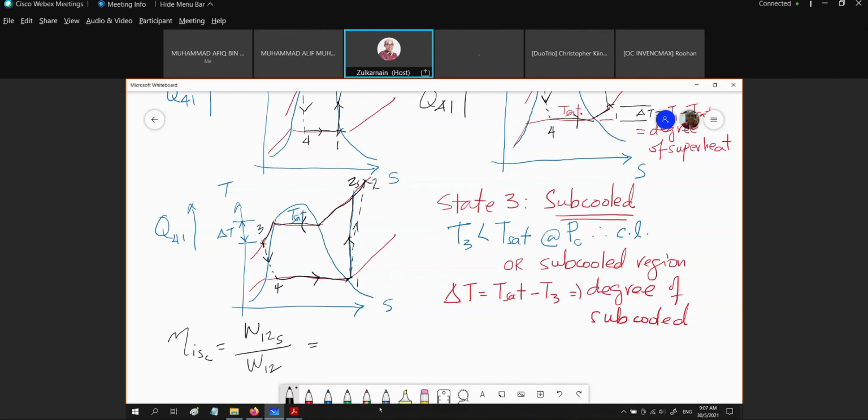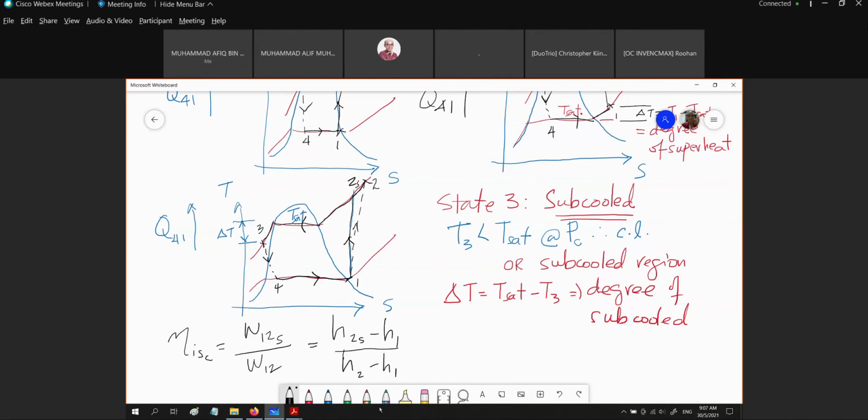This is equal to (h2s minus h1) divided by (h2 minus h1). So this is not an ideal case, whereby we have losses or irreversibilities at the compressor side.